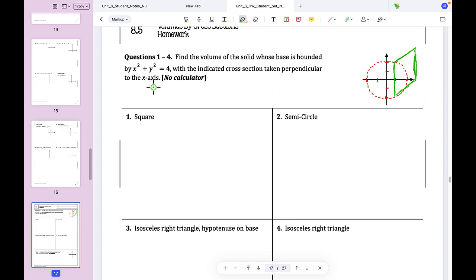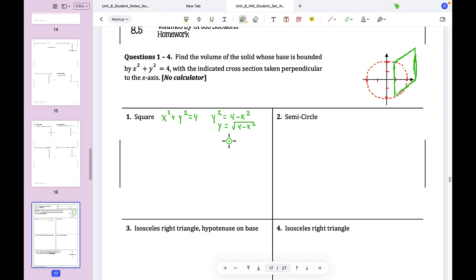In order to do that, I'm going to have to solve x squared plus y squared equals 4 for y. So y squared equals 4 minus x squared, and y equals the square root of 4 minus x squared.